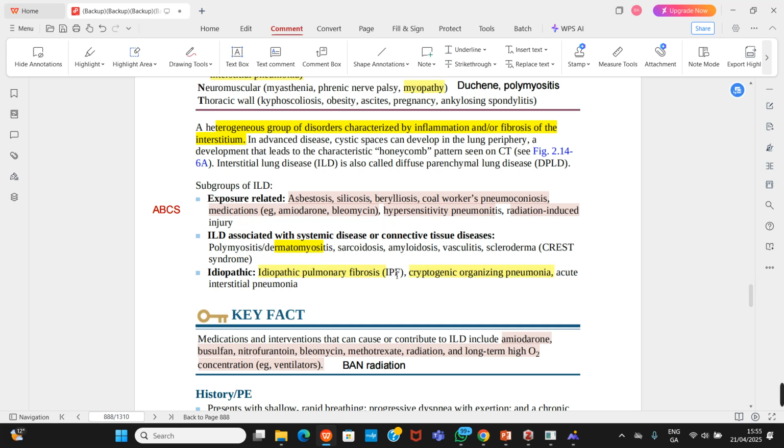All these things can cause interstitial lung disease too. Somebody can have polymyositis and have interstitial lung disease. Amyloidosis can cause it, sarcoidosis too, scleroderma, and any cause of vasculitis that you can think of.